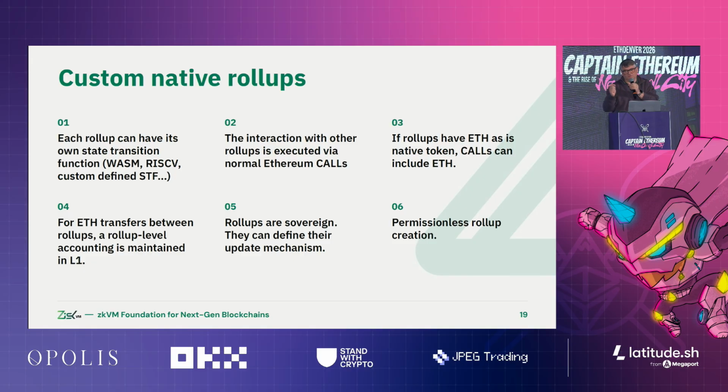There is an exception: if this call includes value, it includes Ether, then of course you need to take that into account. So maybe the smart contract in L1 keeps this accountability for the rollups. I mean, you just make sure that a rollup cannot call more value than the one that it received before. That's the only thing you need to take into account.